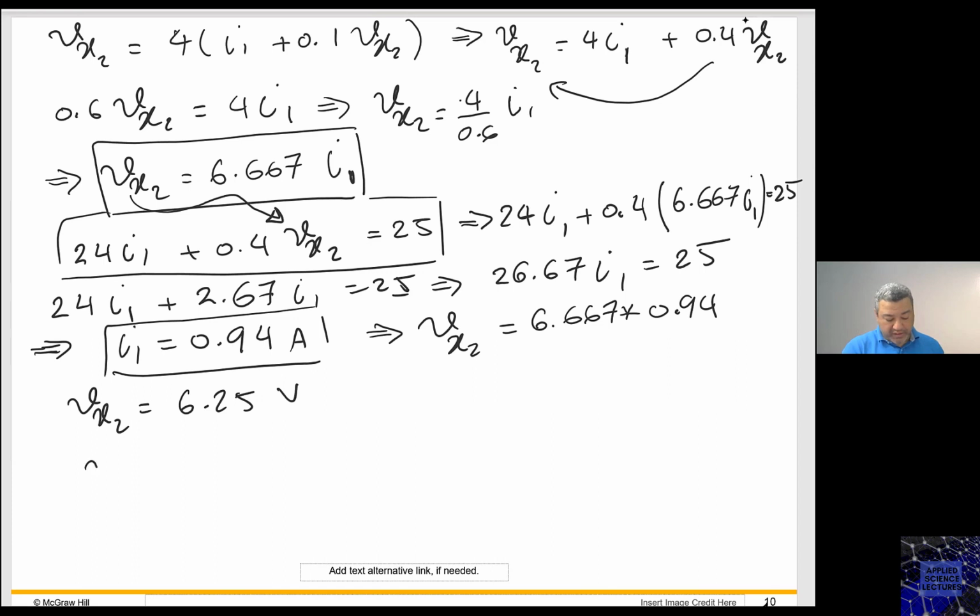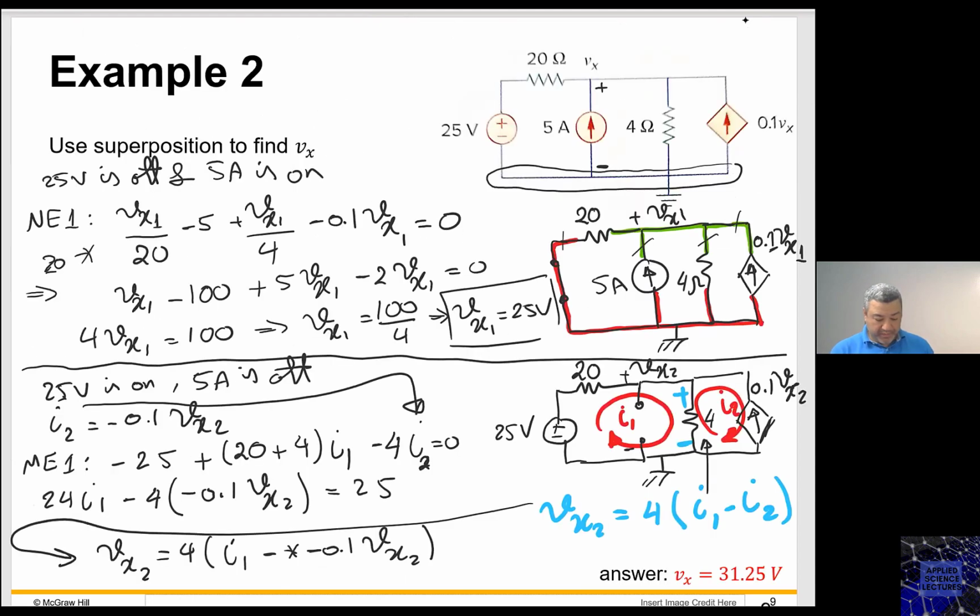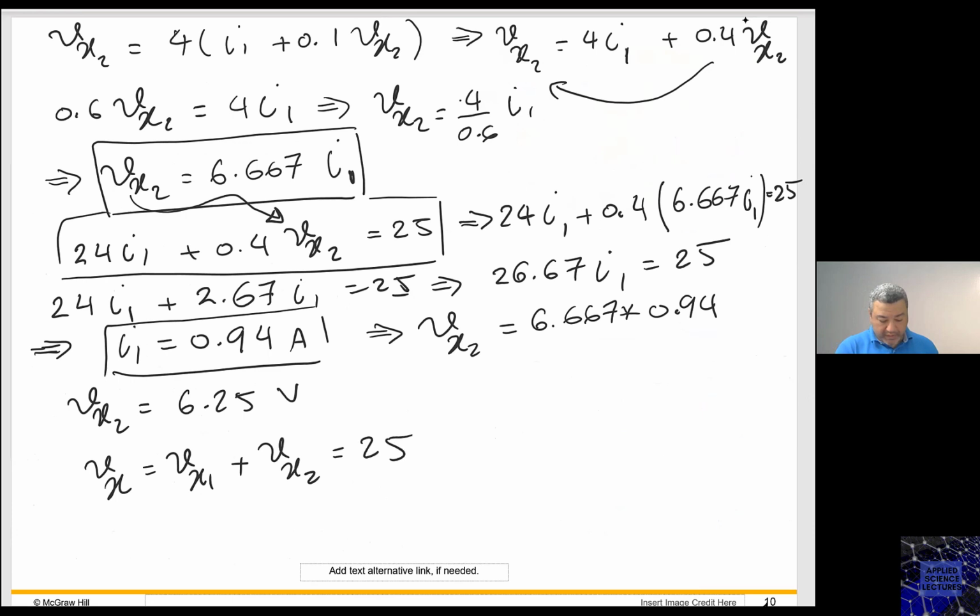So Vx is Vx1 plus Vx2, and Vx1 was 25 plus 6.25. Vx is 31.25 volts.